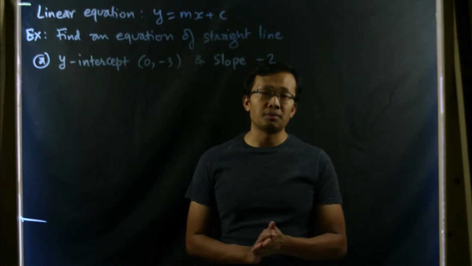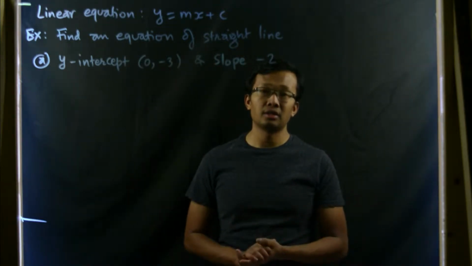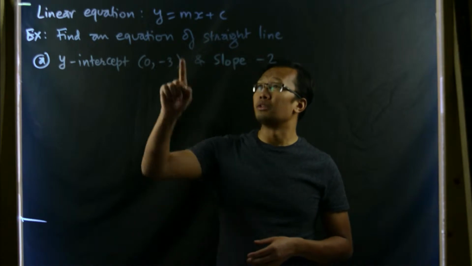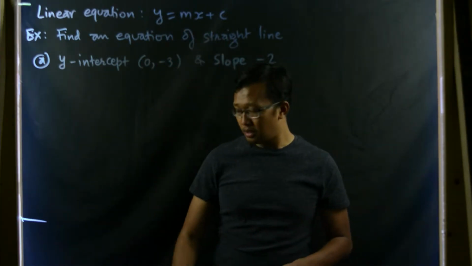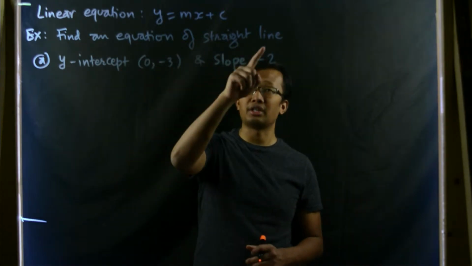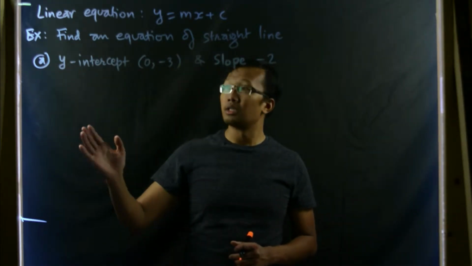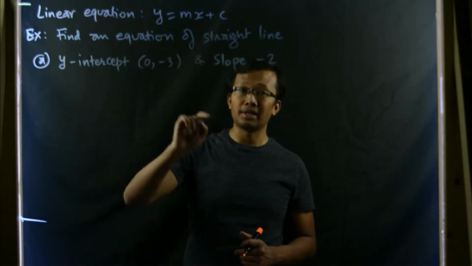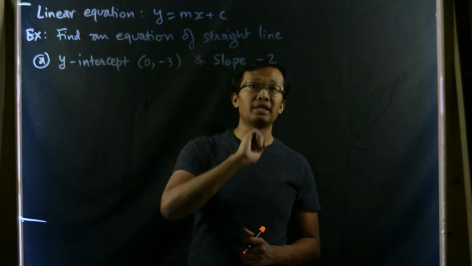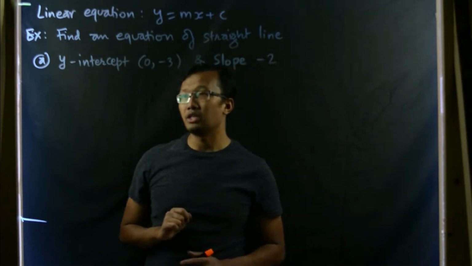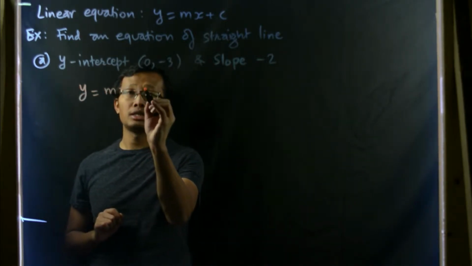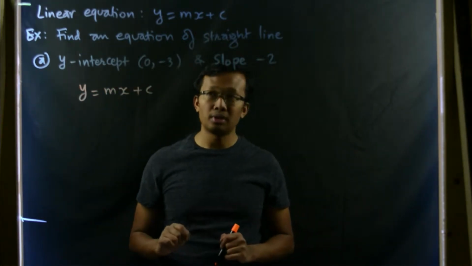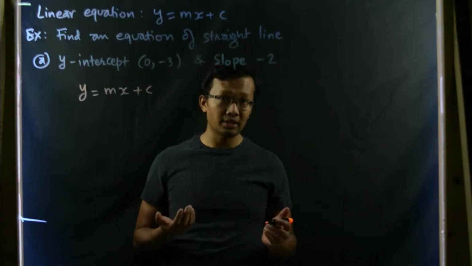Let's do a few problems about linear equation in slope-intercept form, which is y equals mx plus c. So the first problem is find an equation of a straight line whose y-intercept is (0, -3) and slope is -2. So as we all know, in y equals mx plus c, this m is the slope and c is the y-intercept.